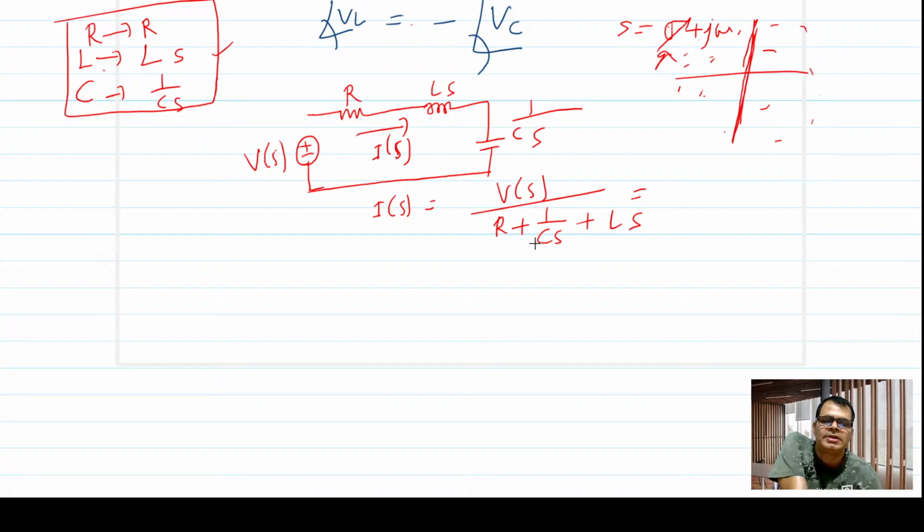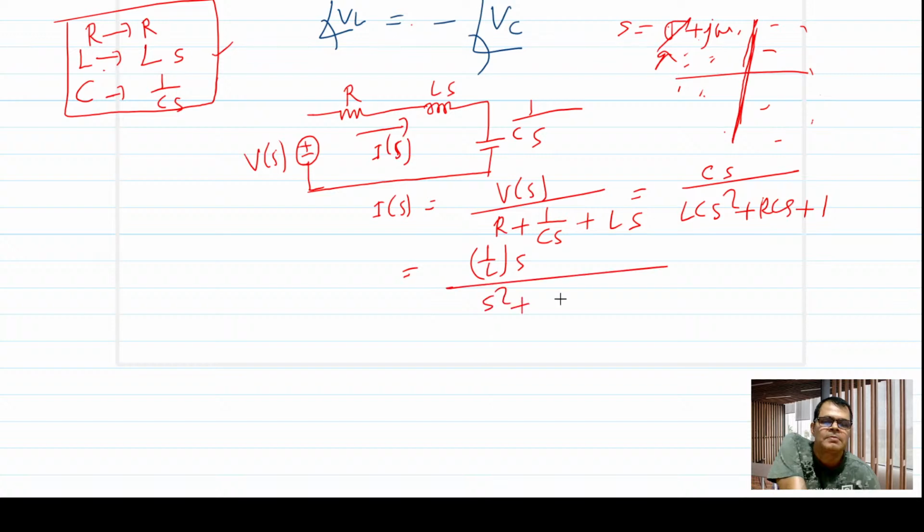First of all, do the simplification: 1 upon Cs, L Cs square plus R Cs plus 1, right? Now take common the LC. So 1 upon L into s square plus R by L s plus 1 upon LC.